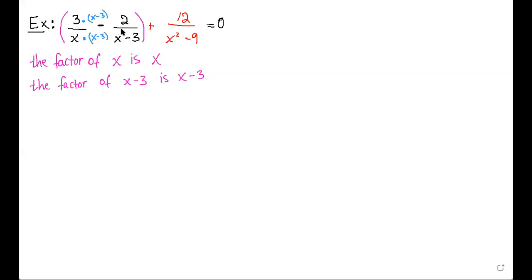And for the second fraction, we multiply by the factor for x. So the factor of x is x. So we multiply both numerator and denominator by this x. We multiply this one here by x and here by x.